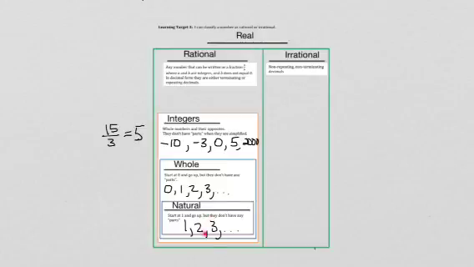If it's a natural number, notice I have the number 3 here, but I also have it up here. 3 would also fall under the category of integers, and 3 would also be considered a rational number. So if there is a number down here in this list, it actually belongs in all categories on the left-hand side of the big green box. Let's move on to some more problems.